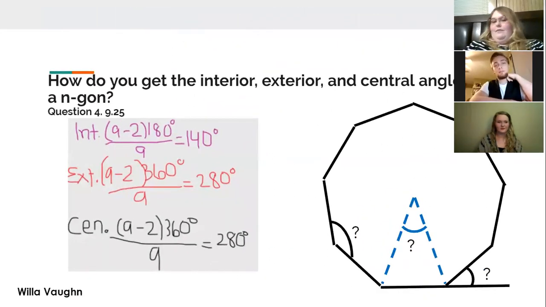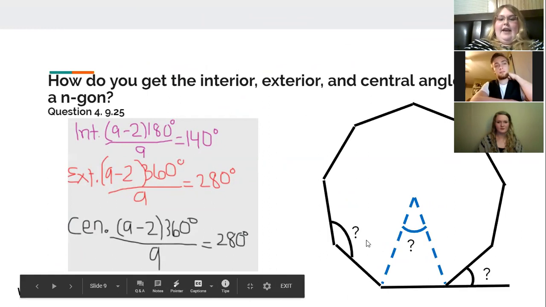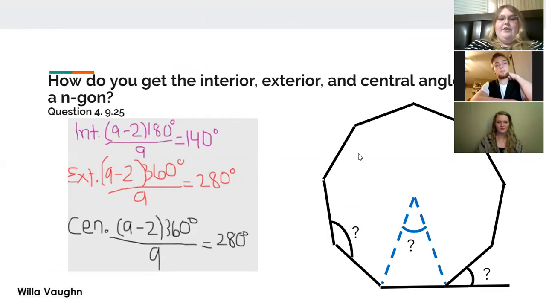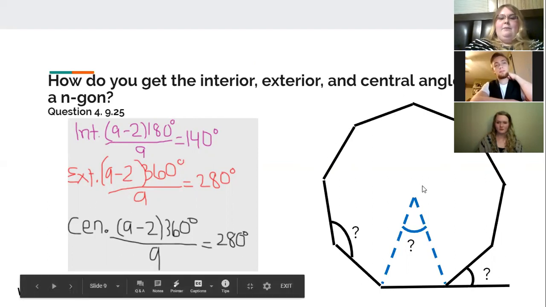So these interior, exterior, and central angles: an interior angle is the angles that represent these different points right here on the inside, and an exterior angle is going to be these parts. And then the central is going to be the vertices that come up. This little dotted line right here, they come up to a point in the middle.